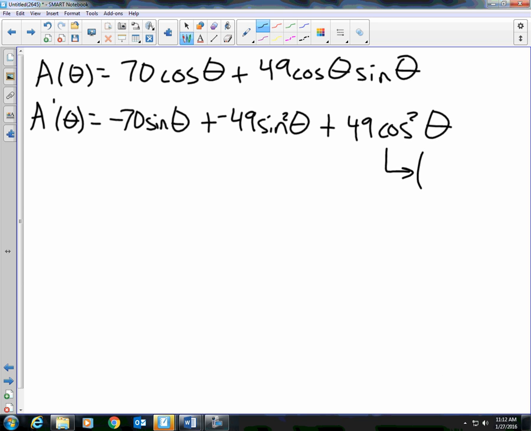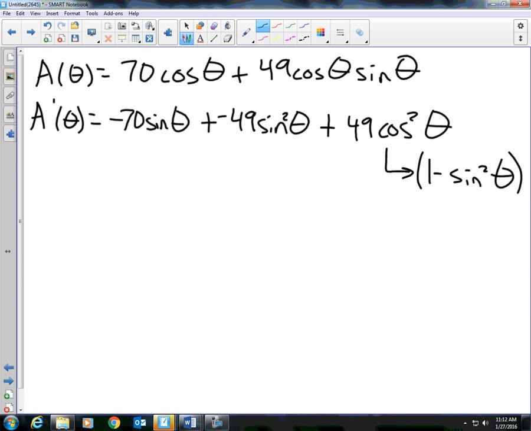What can I insert for cosine squared? Your trig teacher was great last year. I know him personally, and I know he drilled this into your brain. Instead of cosine squared, I can write 1 minus sine squared, because sine squared plus cosine squared is 1. Just flip it around and you get that, right?